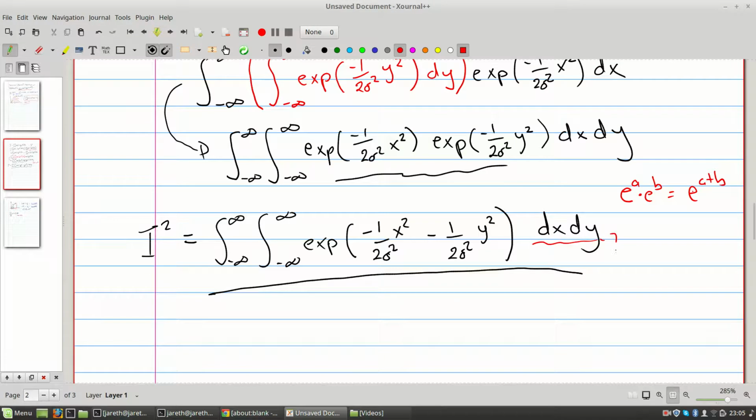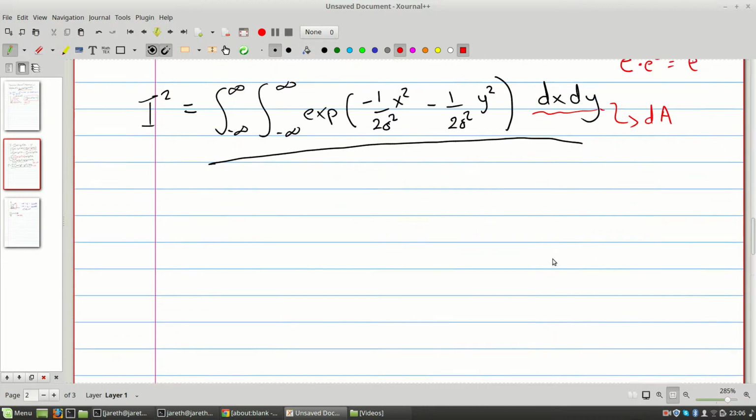That's the dA we're referring to, and all of this is for the goal of converting it into polar form.